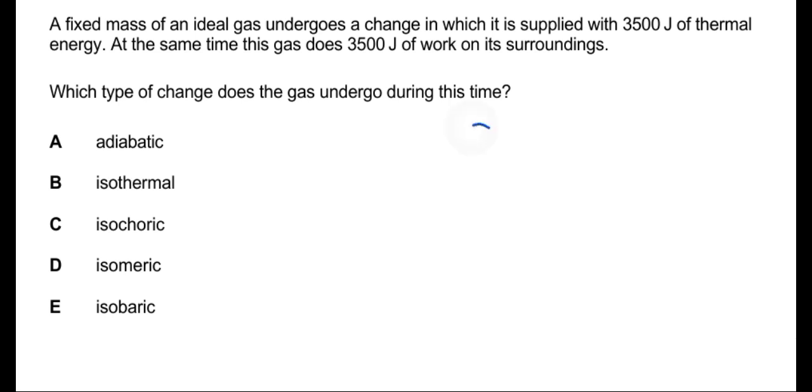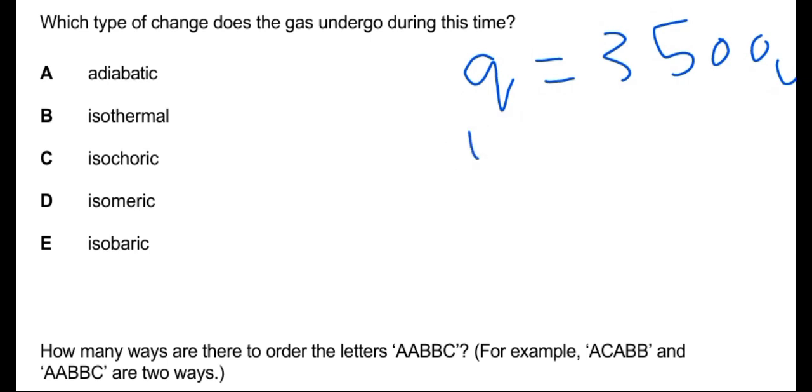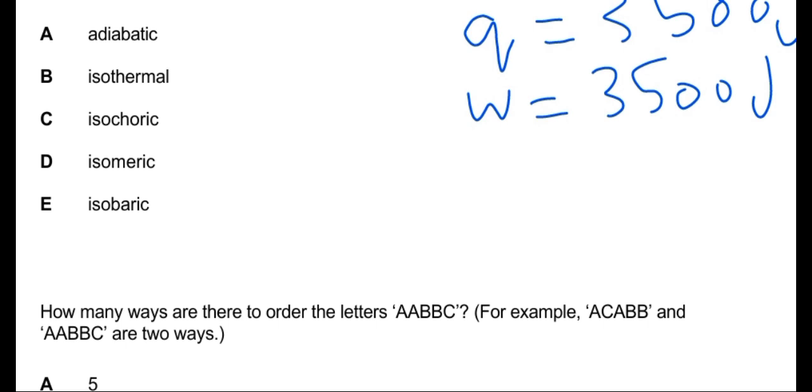The total heat we supplied is 350 joule, and the total work done has the same value, 350 joule. So it means the change in internal energy is 0.